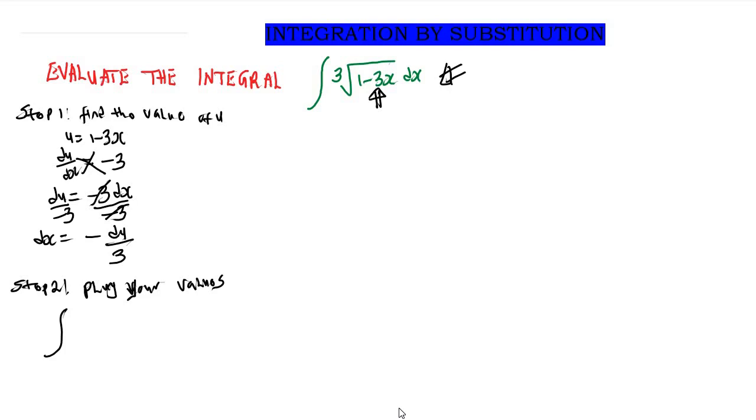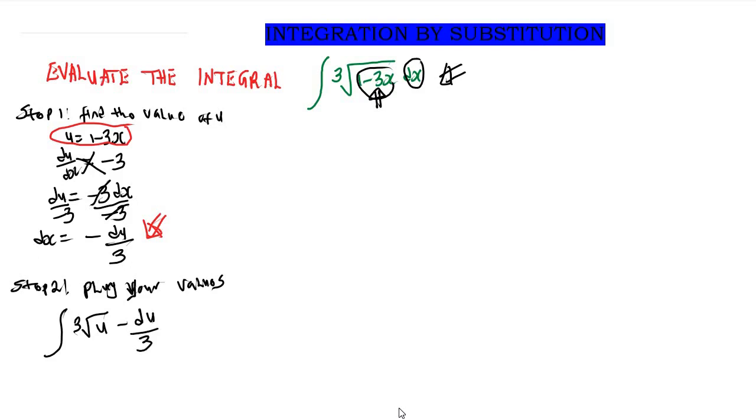But 1 minus 3s is equal to u, meaning wherever we see 1 minus 3s, we are going to plug in u. So this is going to be the cube root of u. Now what about ds? ds is negative du over 3, so this is negative du over 3.